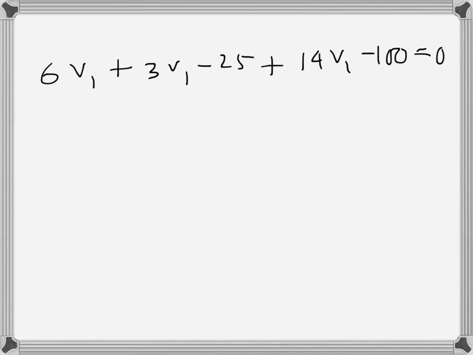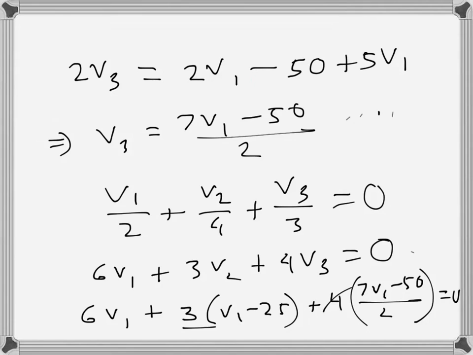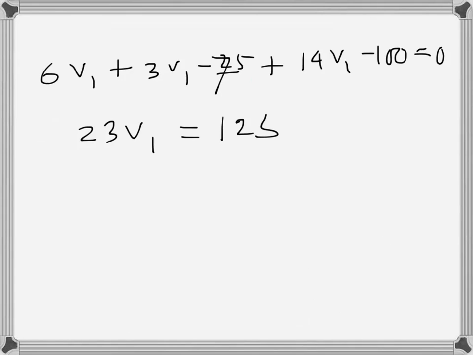So then all these are added, so 23V1, and this will be minus 125, but going on the other side, actually this one will be 75, sorry, because 3 times 25 is 75, not 25. So the right hand side will be 75 plus 100, 175, going on the other side, so like that.